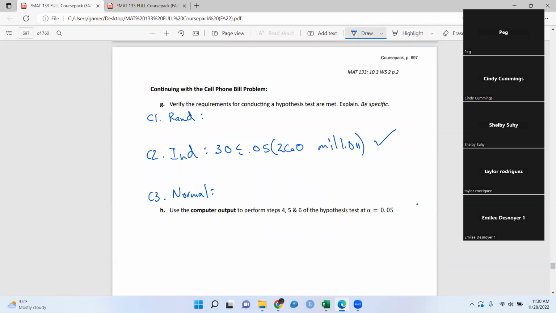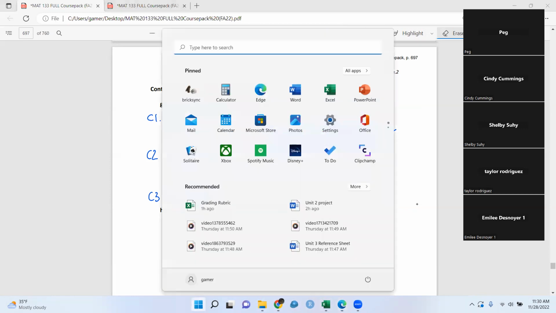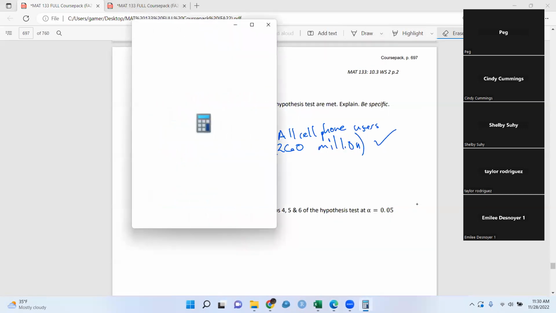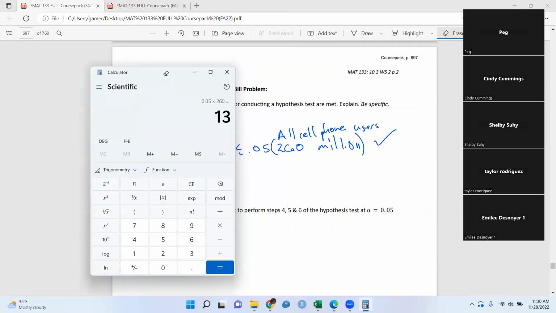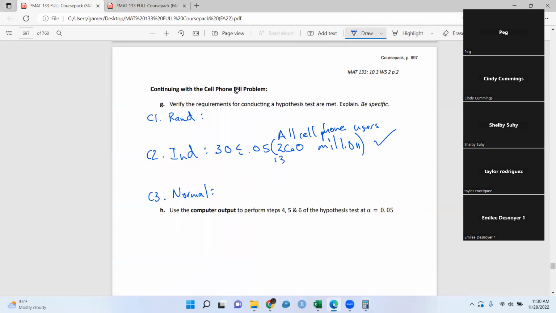Sometimes we don't give you the numbers, and you would say all cell phone users. In some cases, I'd almost prefer to see that you could put that together than the fact that you could find the actual number. But when they give you the actual number, go for it. If you wanted to do the calculation, you could do 0.05 times 260 and just show that it's 13 million. And that's fine too. That's what I did.